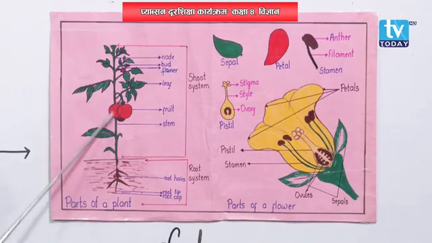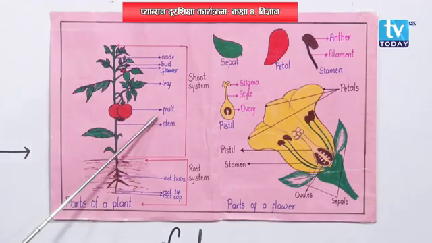Stem helps the plant to stand erect, isn't it? And then fruits. We discussed fruits as well. Fruits have seeds, and we discussed the germination process of a seed into a young plant. Now students, let's move on to a short exercise.